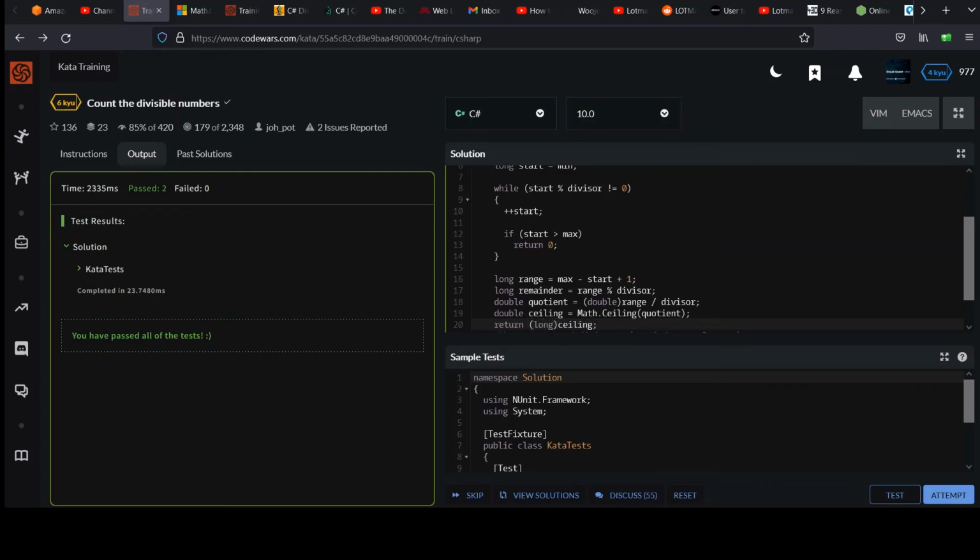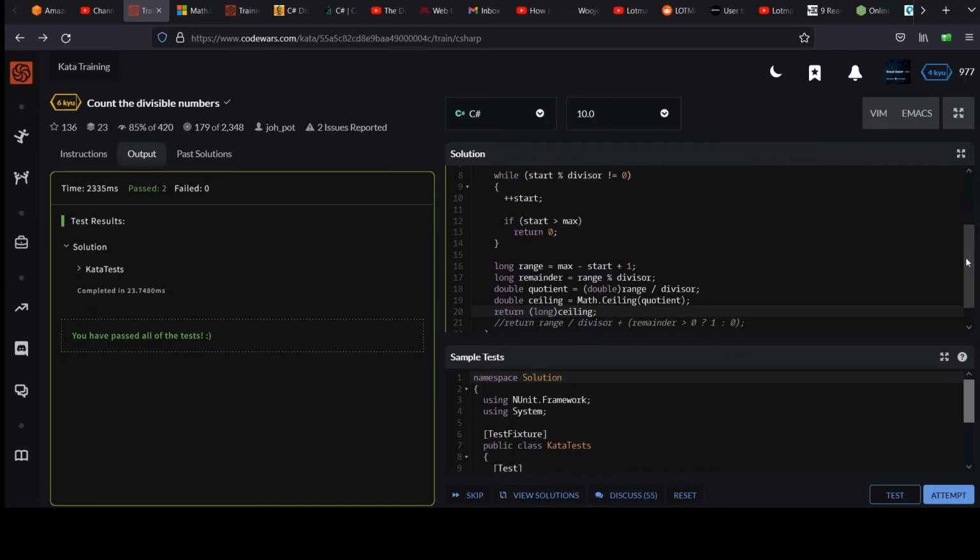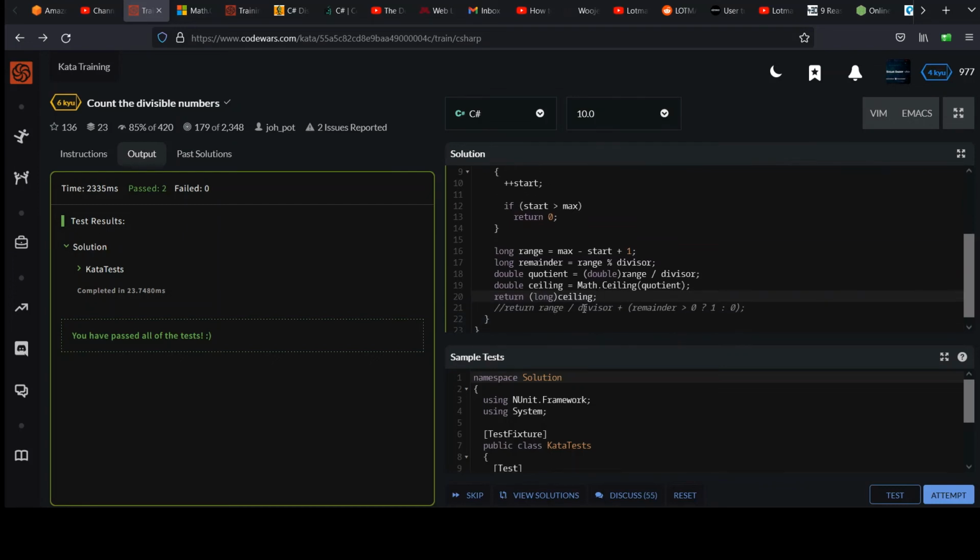The ceiling. And so we did the same kind of thing. Remember, range divided by divisor. The difference is that we're doing double, so now we could have a fractional part to our answer, right? And then we're just saying, hey, we push it up one if it's above 0. If it comes out exactly 0, then ceiling just gives you the same number. But you know, weird stuff with floating point, you can imagine if it's 0.000001, or whatever.